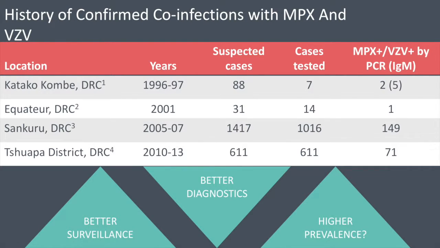And so why did we see so few cases before versus 14% now? Better surveillance. People are more familiar with this disease, and so they're better able to diagnose cases of monkeypox. There's also much better diagnostics since the 1980s.